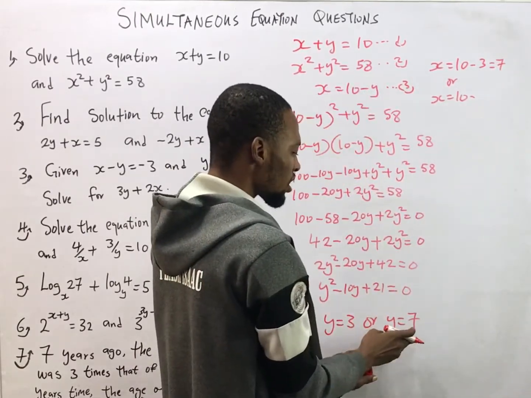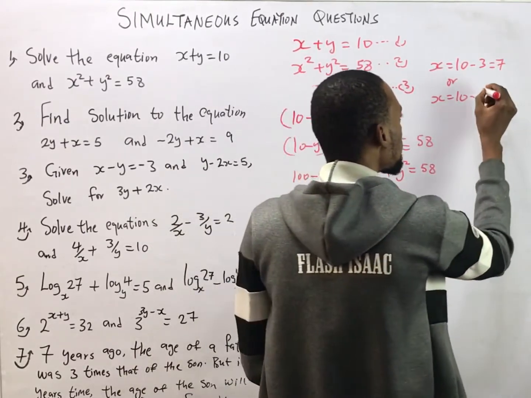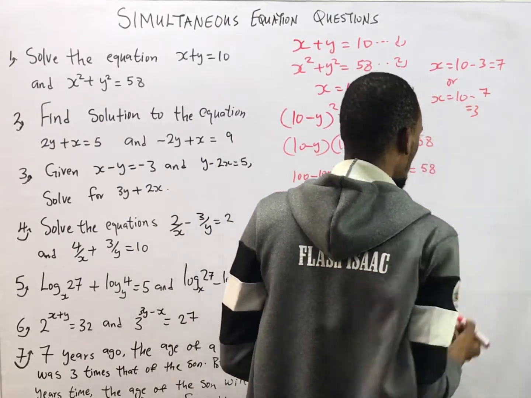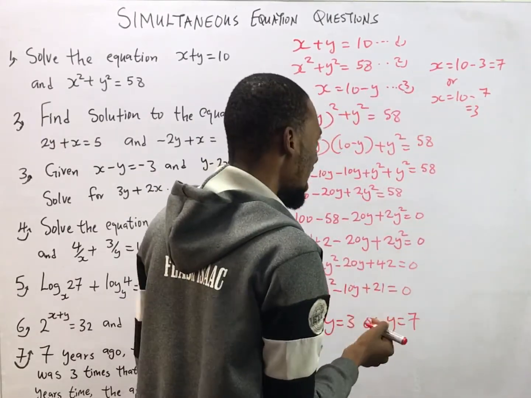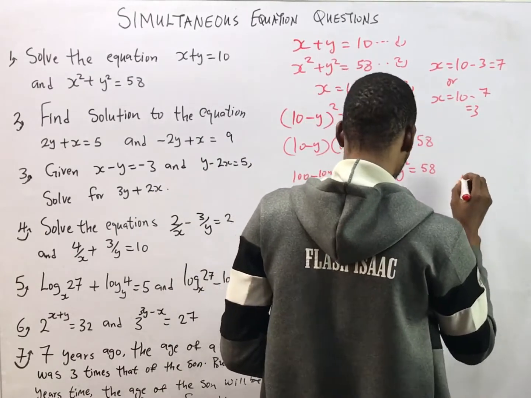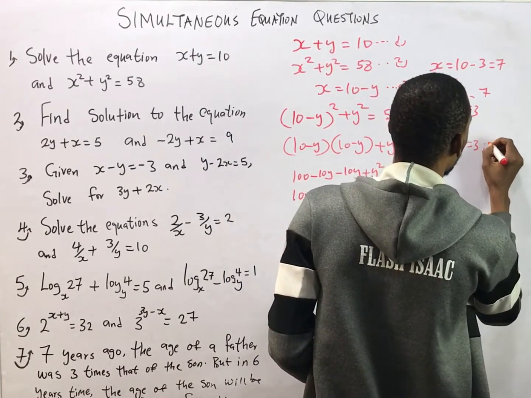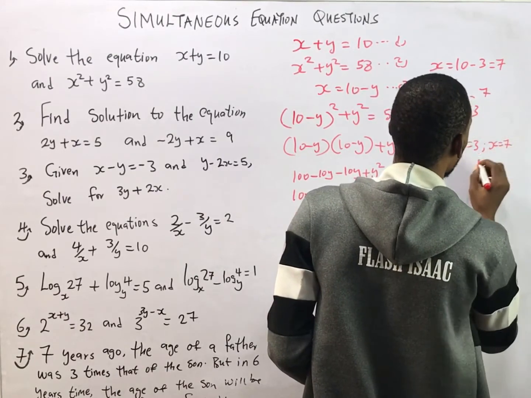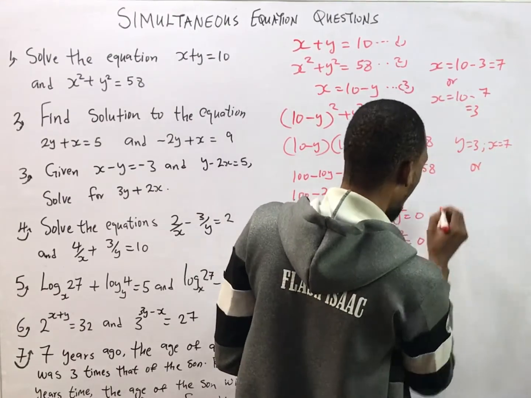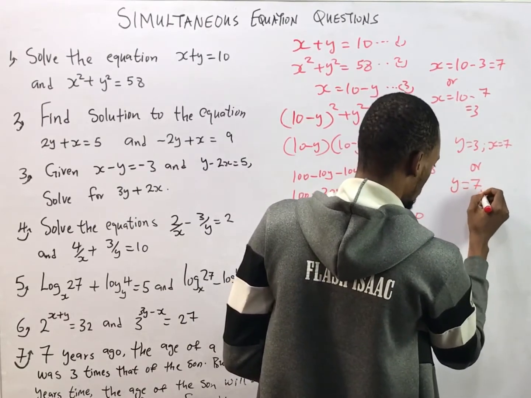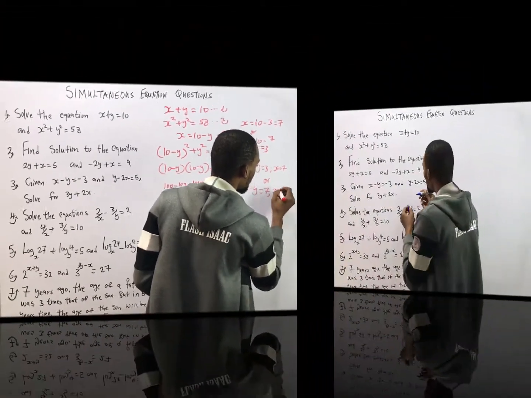When y is equal to 7, s equals 10 minus 7, which is 3. So the solutions to this equation are y is equal to 3, s is equal to 7, or y is equal to 7, s is equal to 3.